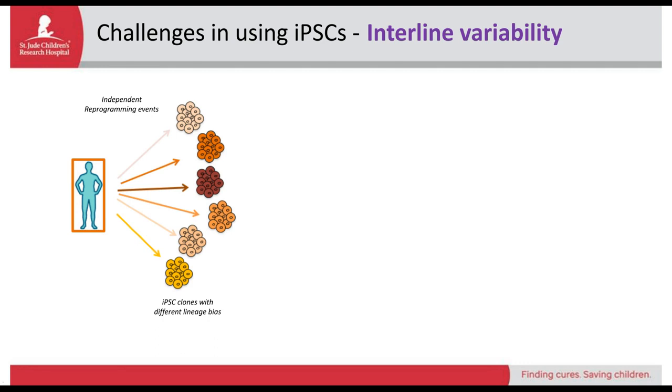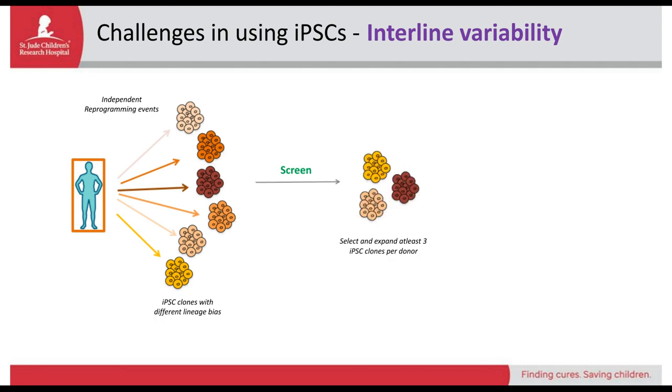Now, eventually, we might be able to optimize and standardize a method of reprogramming that gives us the highest quality iPS lines with complete epigenetic resetting and no lineage bias. However, right now, the most common way to address this variability issue is by screening.